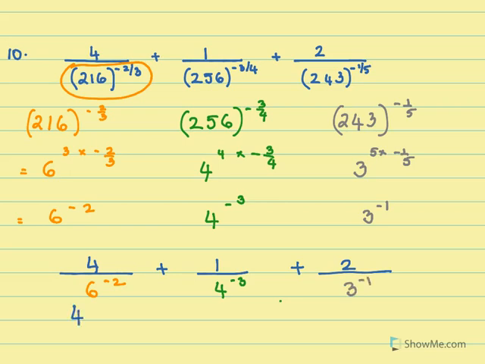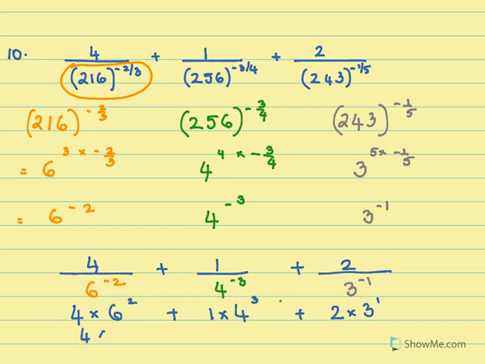Now this is 4. Now 6 raised to minus 2, if I take it up, it will be 6 raised to 2. Now this is 1 over 4 raised to minus 3, so 1 into 4 raised to minus 3. I take it up, it becomes 4 raised to 3. The negative power becomes positive. Plus 2, 3 raised to minus 1. I take it up, becomes 3 raised to 1.